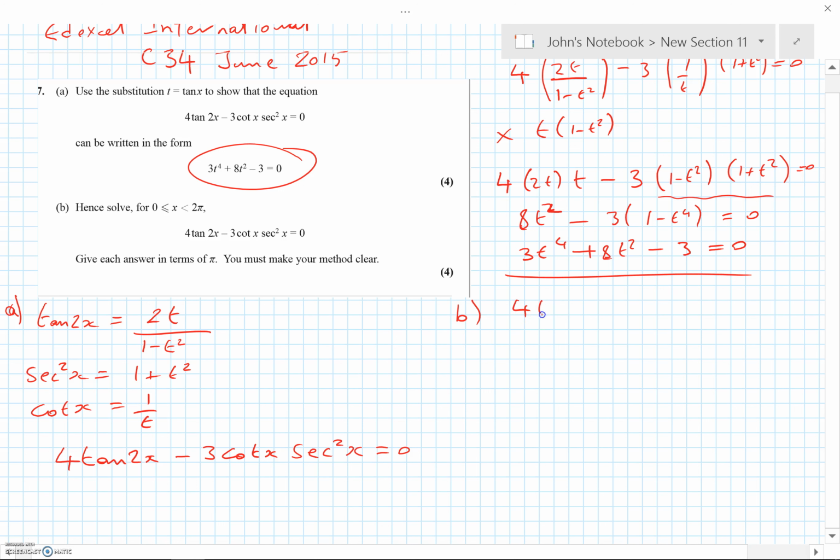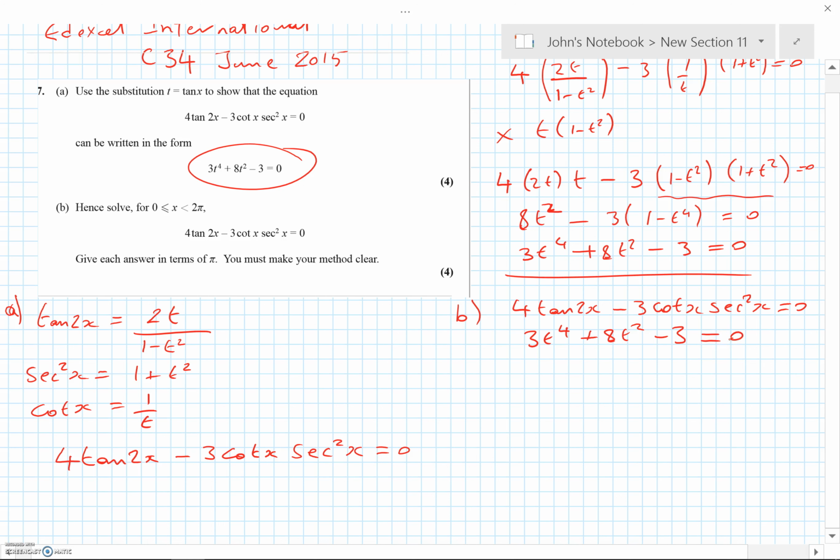So 4 tan 2x minus 3 cot x sec squared x equals 0. So that's just going to reduce to this equation. We might as well use t's. A little bit less writing to do. We like these little shorthands.